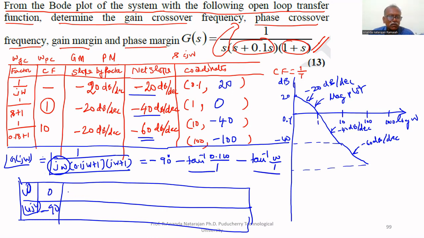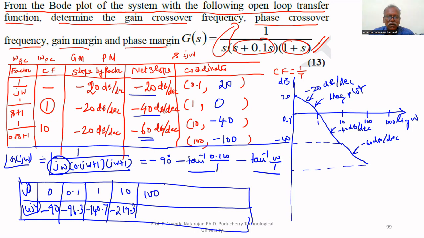When omega equal to 0.1, you will get minus 96.3. When omega equal to 1, you will get minus 140.7. When omega equal to 10, you will get minus 219.3.